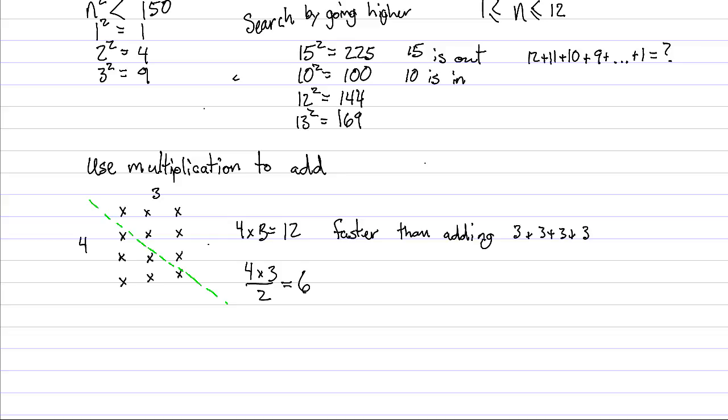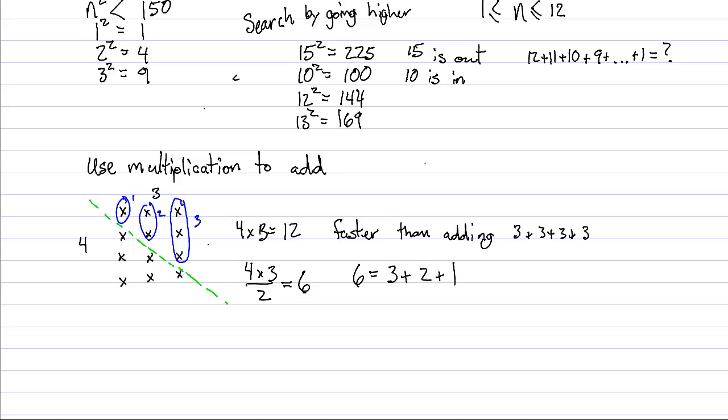And what do we notice here? 6 equals the sum of 3 plus 2 plus 1, right? And I'm just going to circle that for you in blue. 3, 2, 1.